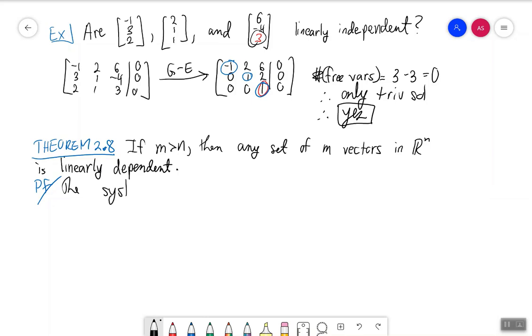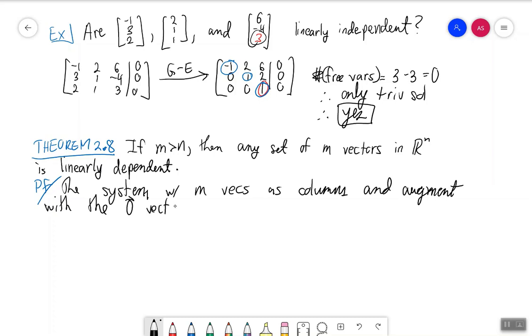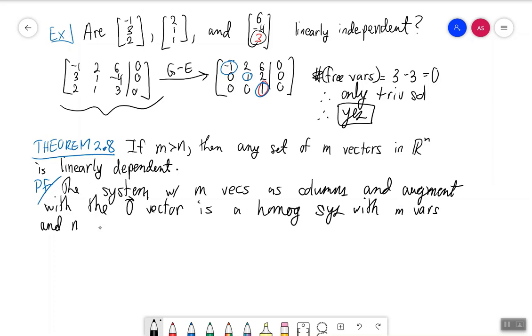The system where we put the m vectors as columns and augment with the 0 vector, like we did over here, is a homogeneous system with m variables and n equations, with m greater than n.